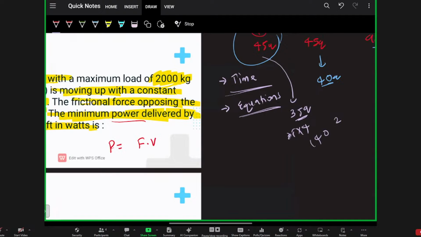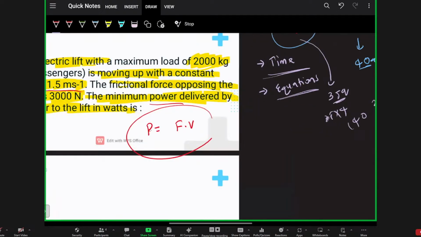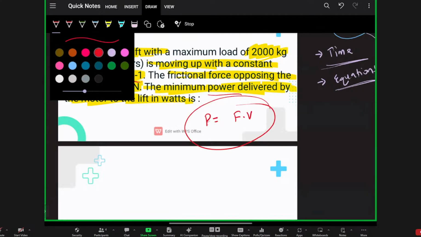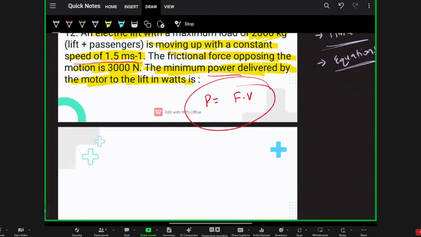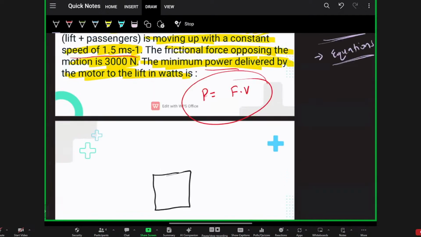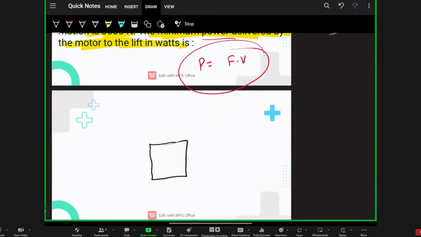Next, if you have solved one type of this question, you could easily solve any number of similar questions. Let me show you the diagram and explain. Suppose this is the lift, and passengers are standing inside the lift.